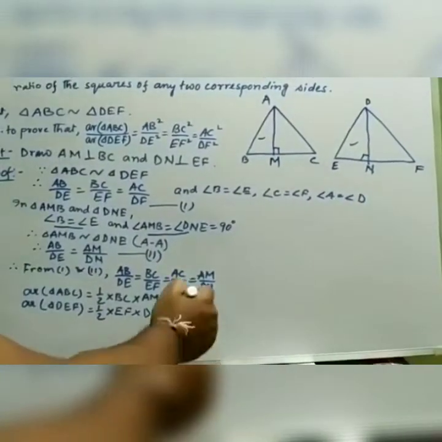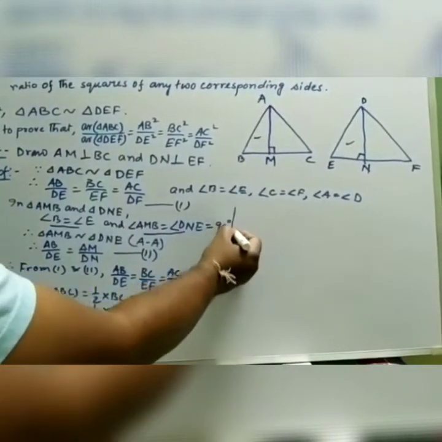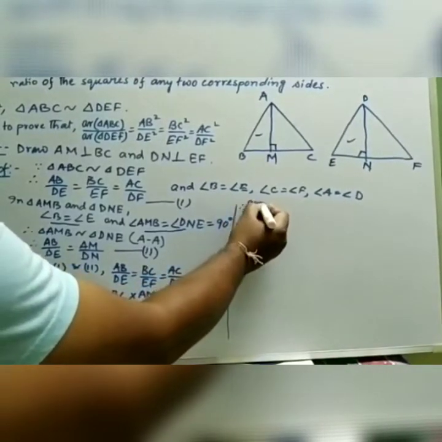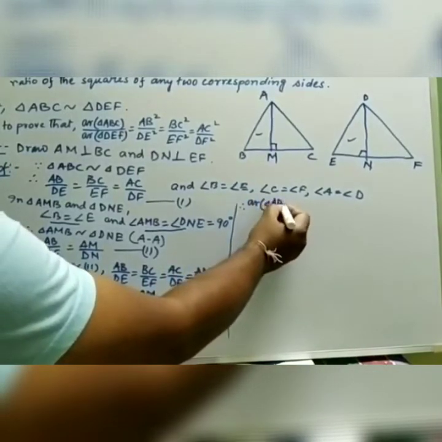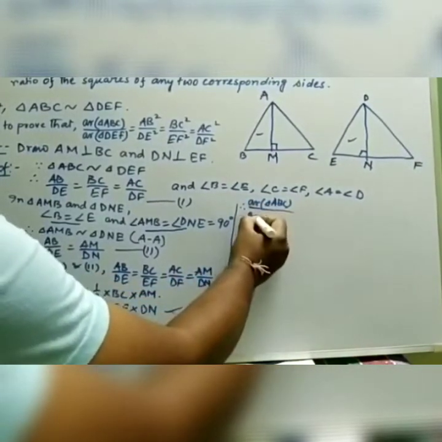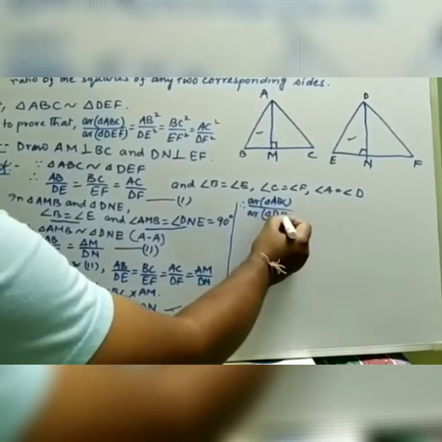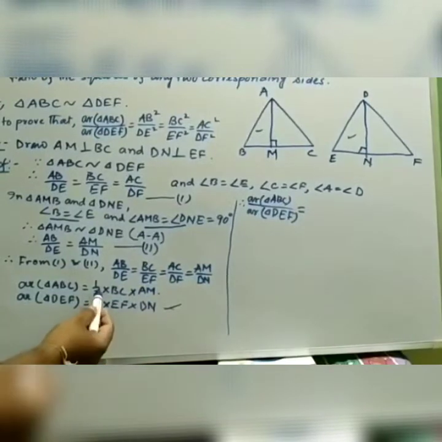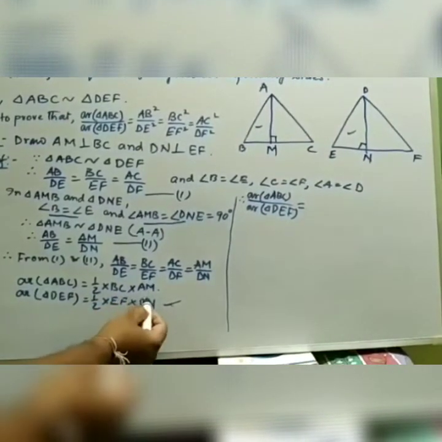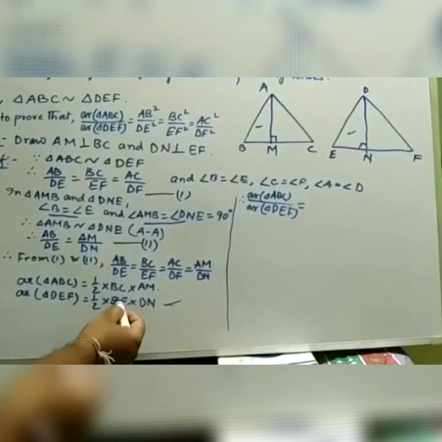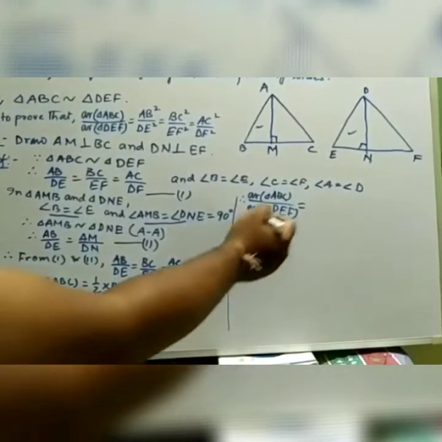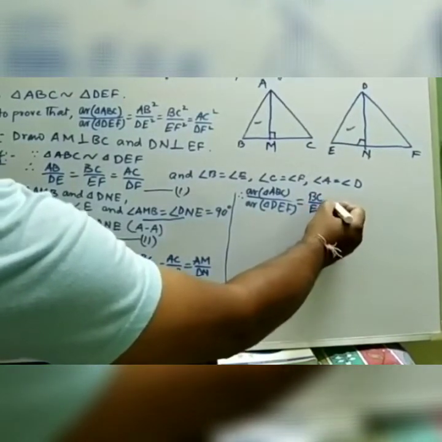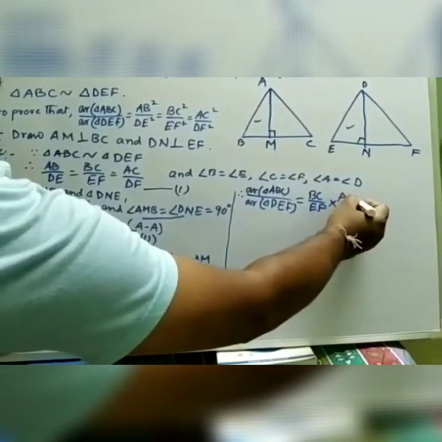Okay, therefore we will write here: area of triangle ABC by area of triangle DEF equals to, that half part is cancelled, so BC into AM by EF into DN, that gives BC by EF into AM by DN.